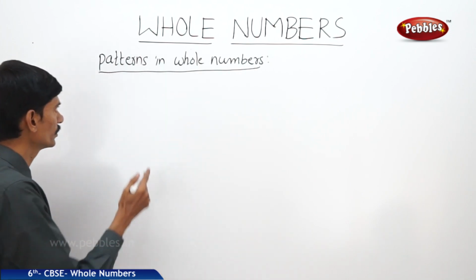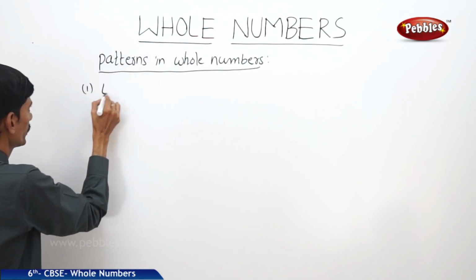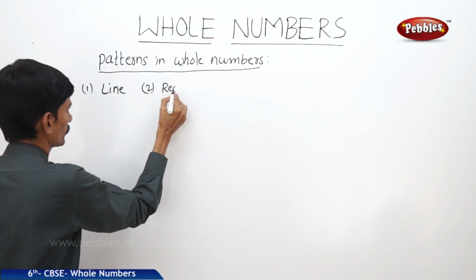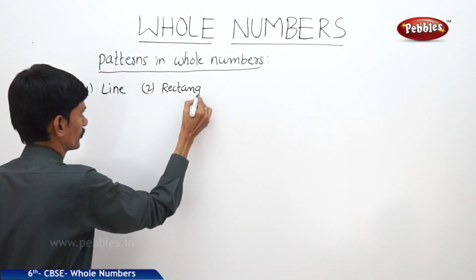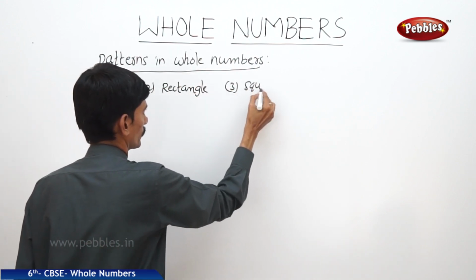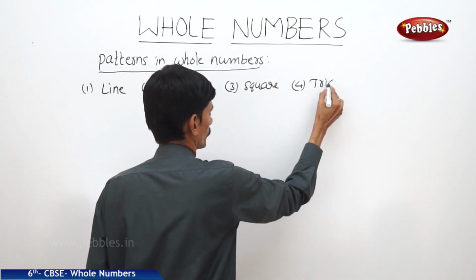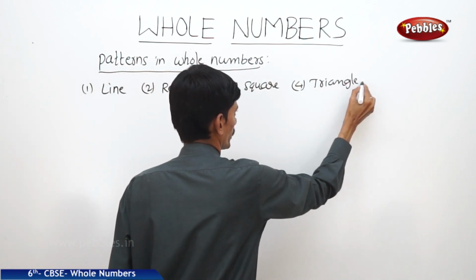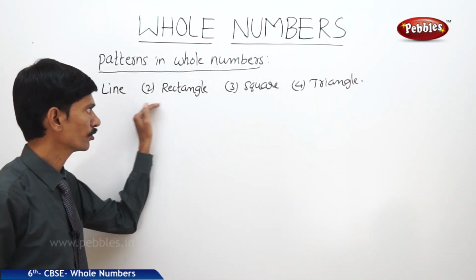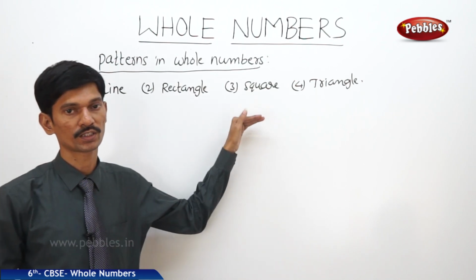So the possible geometrical shapes are: first one line, second one rectangle, third one square, and fourth one triangle.